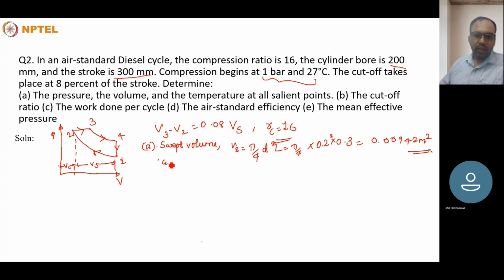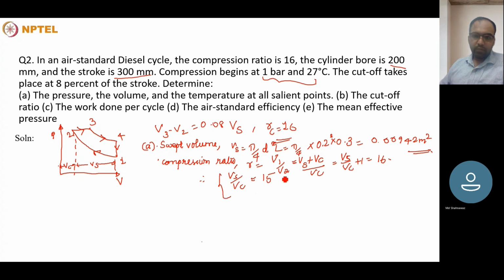In this particular problem, the compression ratio r is given as 16. That is equal to V1 divided by V2, which is equal to V stroke plus V2, the clearance volume, divided by Vc, equal to 16. That is Vs divided by Vc plus 1 is equal to 16. So Vs by Vc is equal to 15.